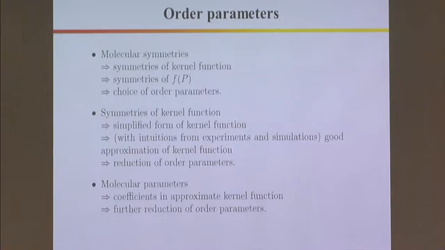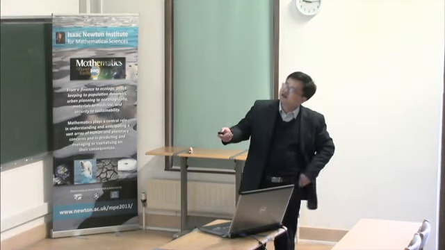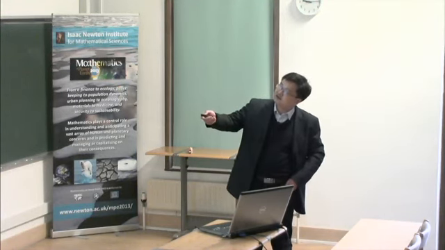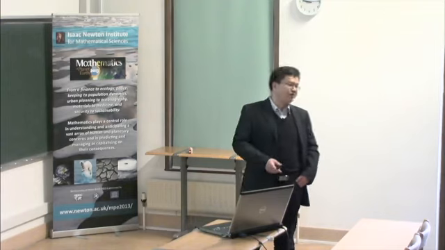Now we have the symmetry of the kernel function, and we try to simplify its form. But this is with intuition from experiments and simulation, and a good approximation of the kernel function. In most cases, we take the leading order, like Professor Wax taking just the second order. But sometimes the second order may not be enough. We don't know. Using this way we can reduce the other parameters.